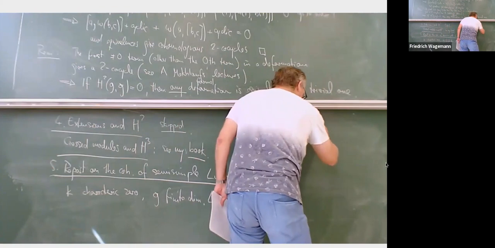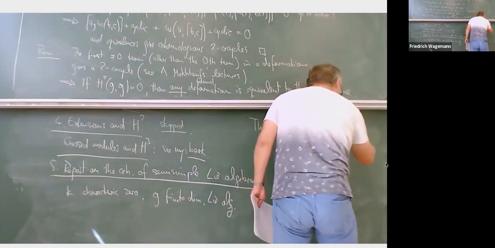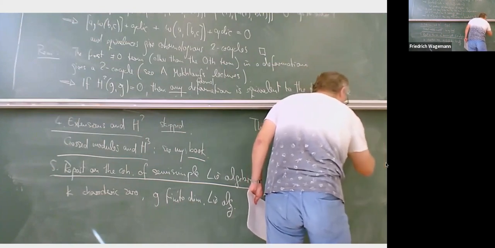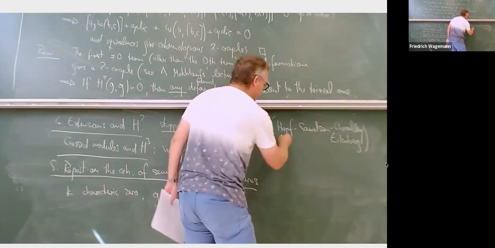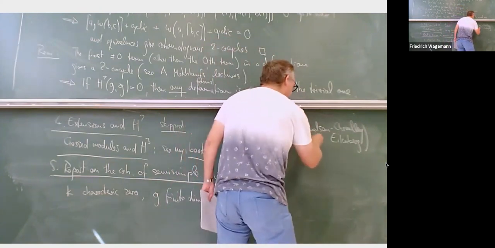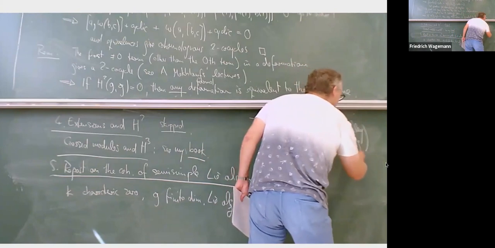So what I want to highlight here is, on the one hand, a theorem of Samelson, Chevalley-Eilenberg. I call it like this because it was first formulated by Hopf in 1941 and Samelson in 1941, and then proved in a very comprehensible way by Chevalley-Eilenberg in 1948.